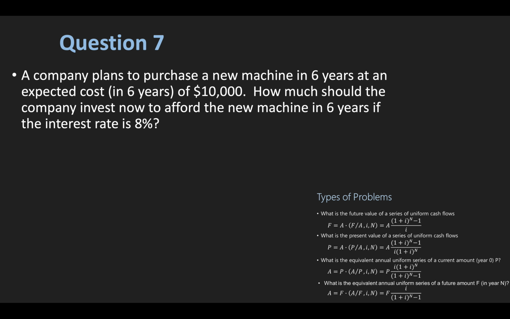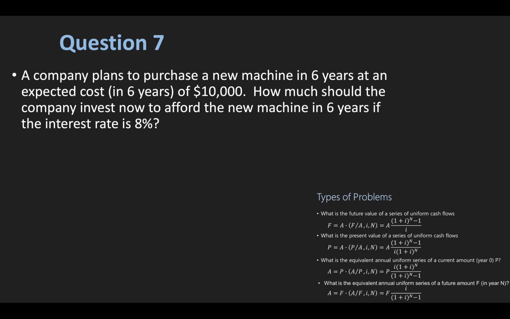And whatever you save, you put into a savings account, into the stock market, into an index fund to see it grow. So in 5 years, you take all your money and all the interest you accrued, and pay for the down payment for your house or pay for your car. That's the same concept, right? So basically, the question is asking how much money the company needs to save.